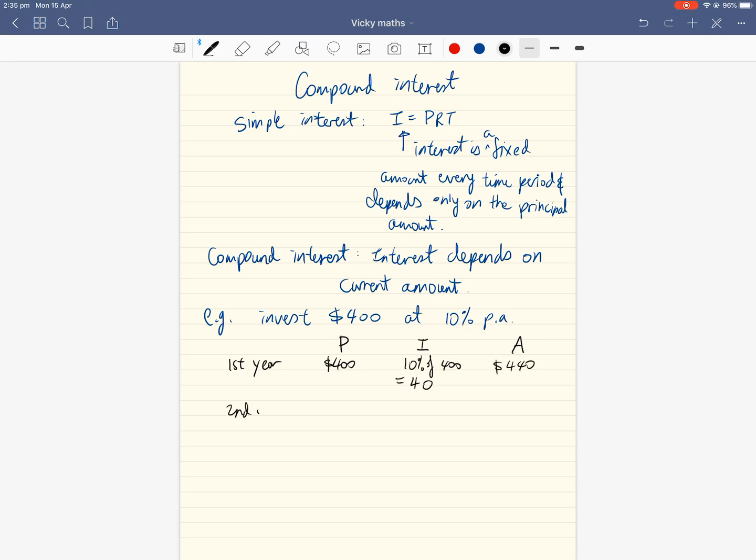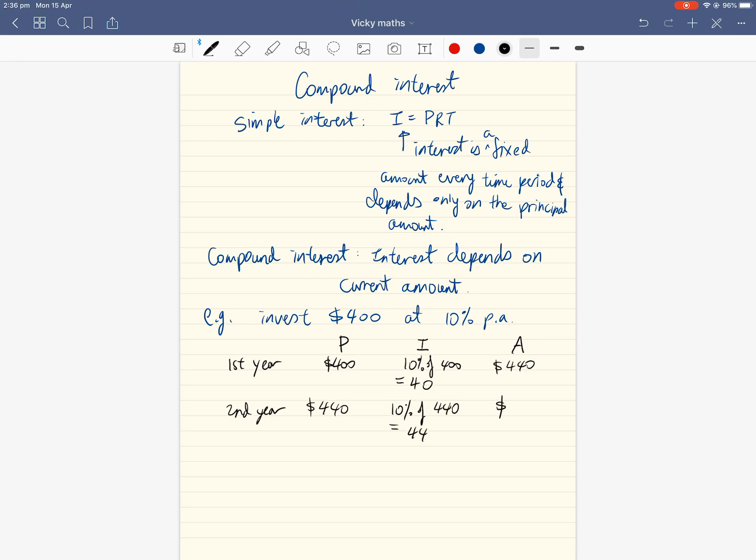Now with compound interest, because it's 10% per annum, it depends on what we start off with in that year. So in the second year of investment, we start off with $440 instead of the $400, because we now have an extra $40 in the account because of the interest. And so the interest amount is 10% of $440, and 10% of that is $44.